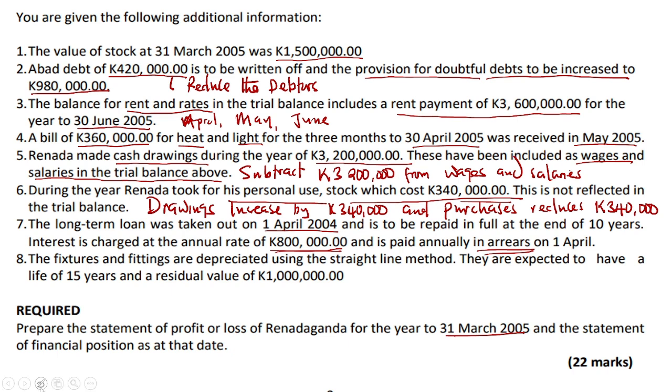So meaning in the 4.8, the 3.6 million is for rent, then the 1.2 is for rates. So there is rent and then there is rates.